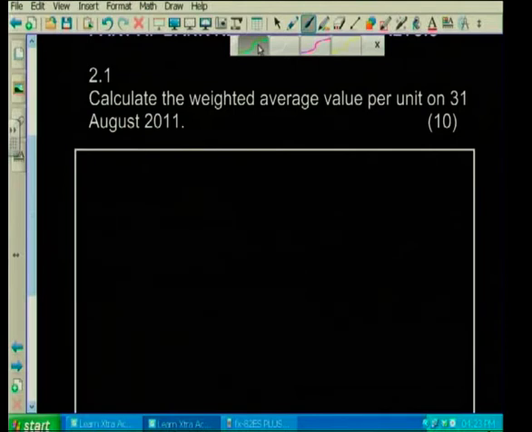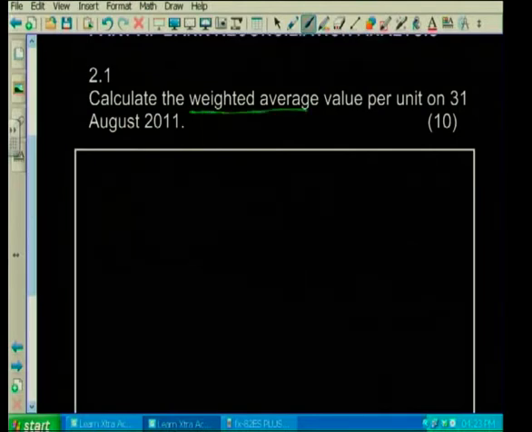So what are we calculating? The weighted average when? On the 31st of August 2011. The easiest way to do this particular section is to write down the values of all your purchases. Let's start.